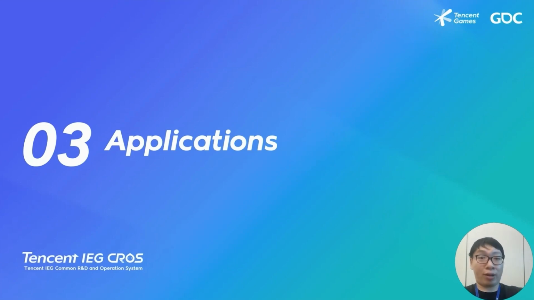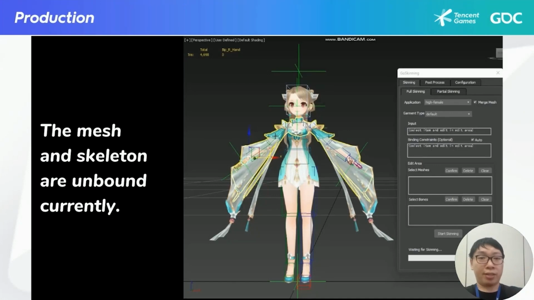Throughout the process we have just introduced, which consists of full skinning neural network, a partial skinning neural network, and auxiliary utilities, GoSkinning is able to solve most of the problems and greatly improve the efficiency of skinning. Let's have a look at its applications. Here is a demonstration of GoSkinning.